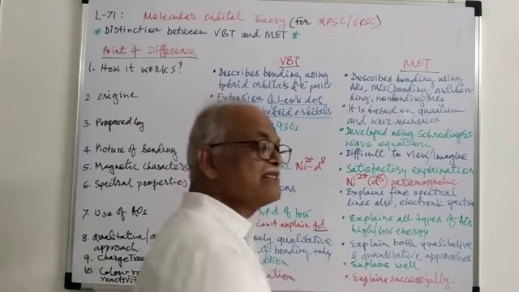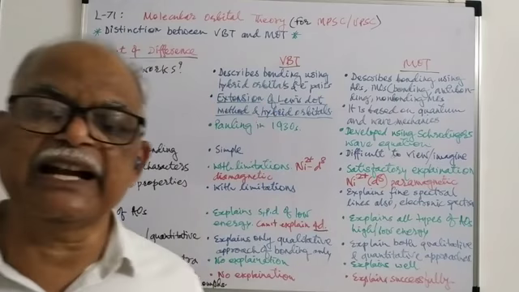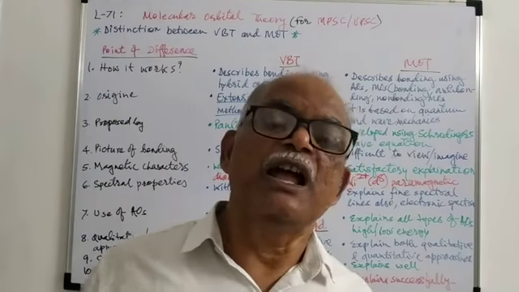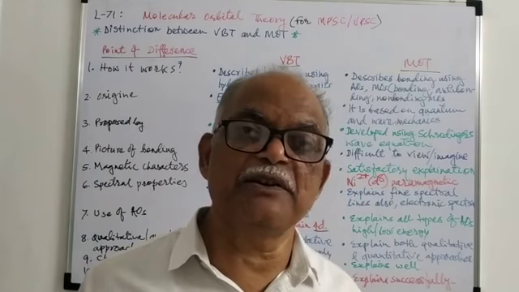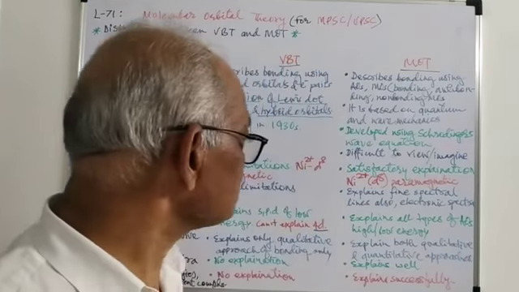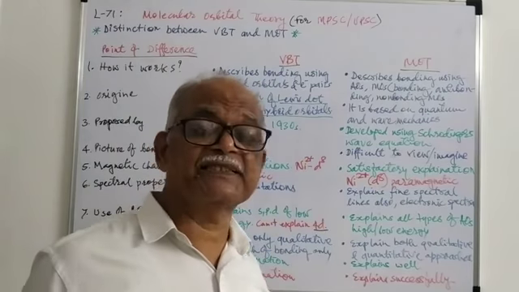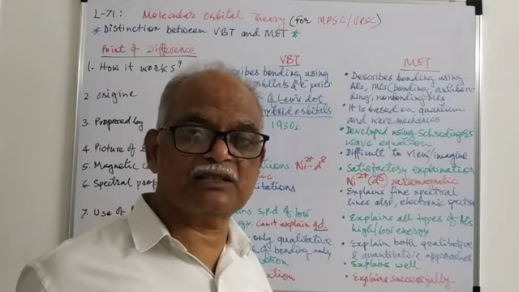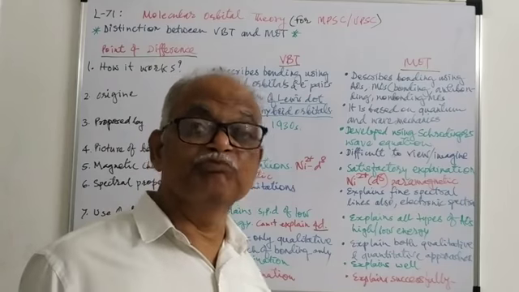MOT explains every kind of interaction, even if the atomic orbitals are of higher energy or lower energy, it doesn't matter. And it also explains how the s and p characters are mixed in the bond formation.